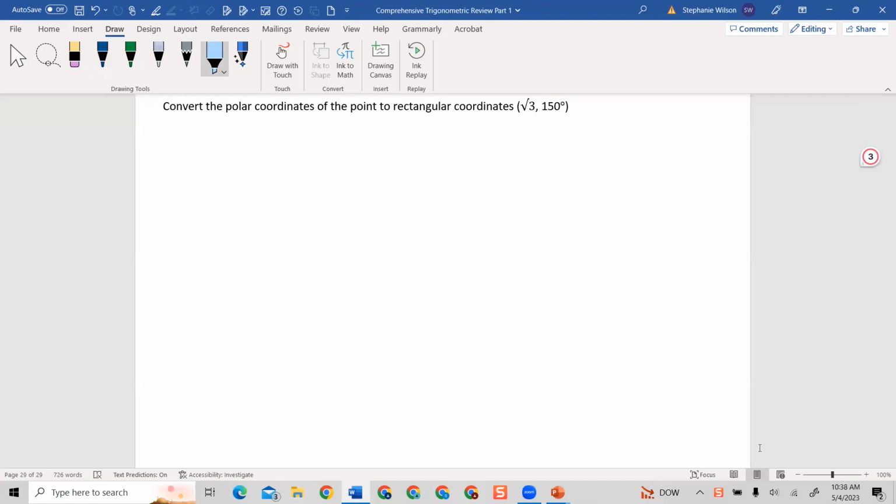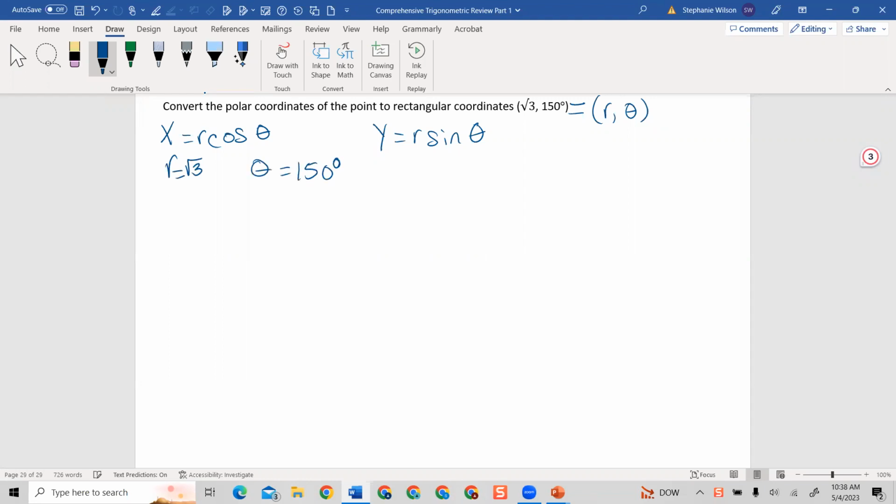So when we're talking about polar, we're still talking about an ordered pair. Instead of x comma y, now we have r comma theta, where x is equal to r cosine theta and y is equal to r sine theta. We still have those. We know r is the square root of 3 and theta is 150 degrees.